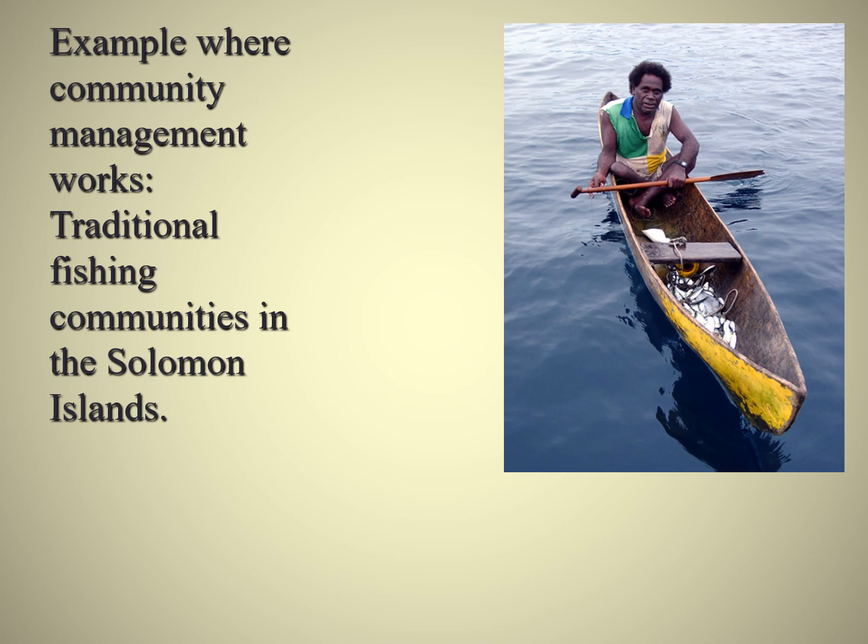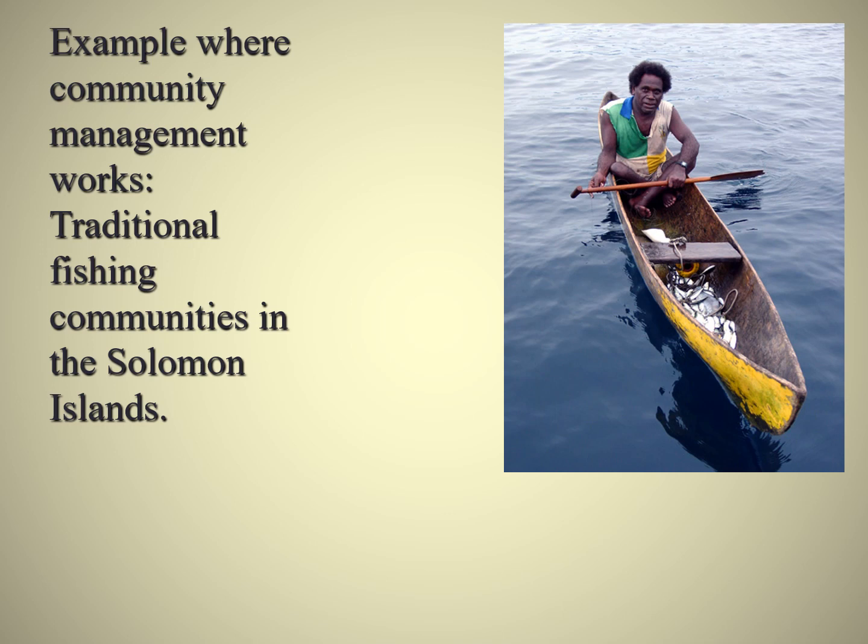So all these things are built into the beliefs and practices of the communities that results in them each having their needs met and also not overexploiting the environment. That's the overall effect.